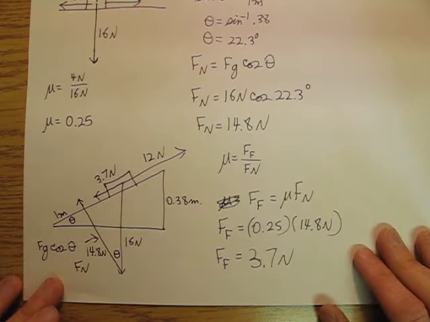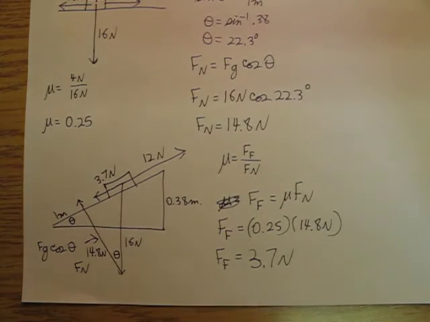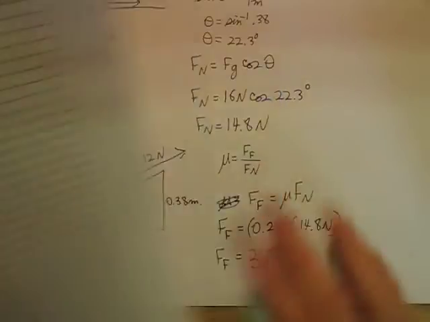Okay, so now let's see if we can draw a scale diagram really quickly and put these all tip to tail. We've got 4 vectors and we're going to put them all tip to tail.